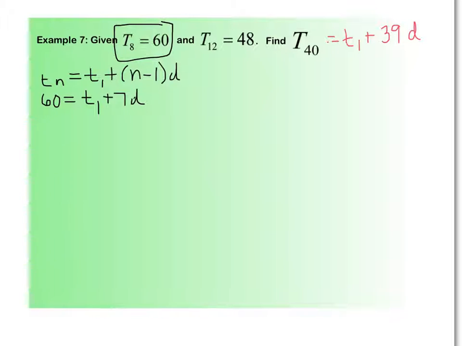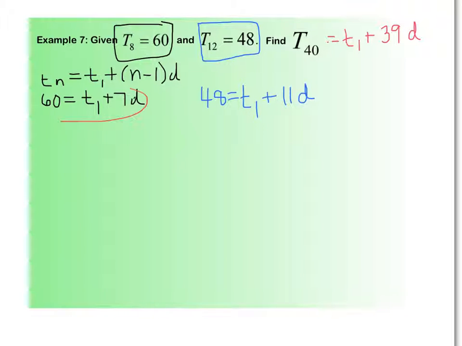And that's all we know, just the Tn and the n. Let's do the same thing here. If T12 is 48, we don't know T1, but we do know n is 12, so then 12 minus 1 is 11d. So that's as far as I can go with that equation.